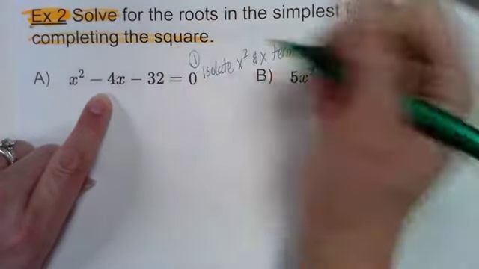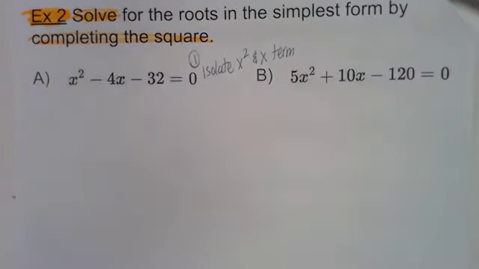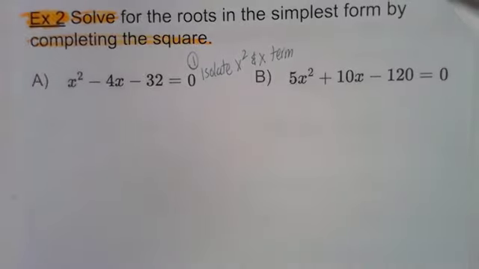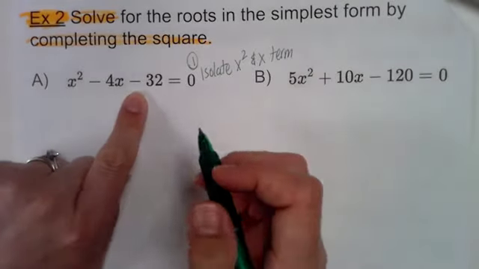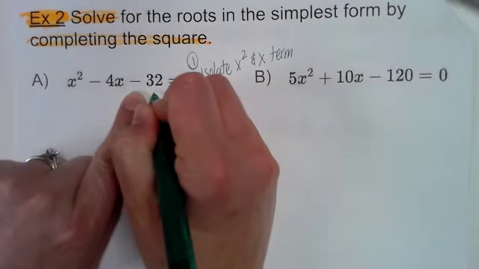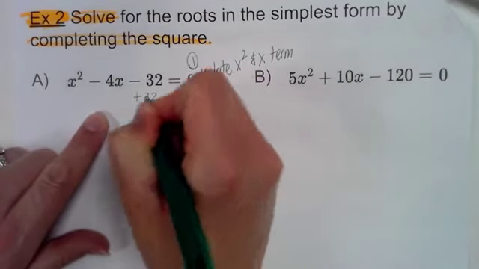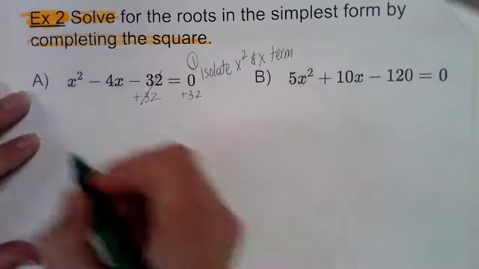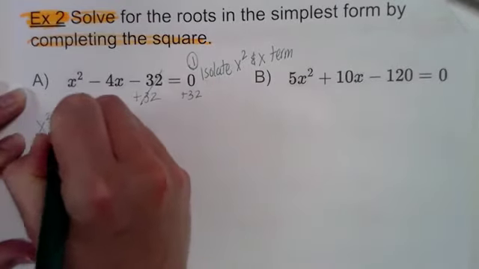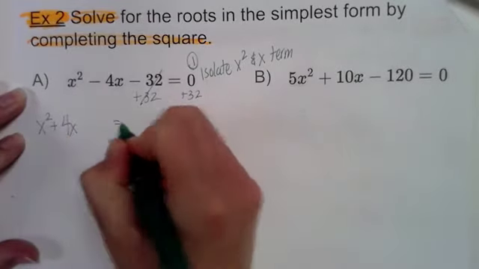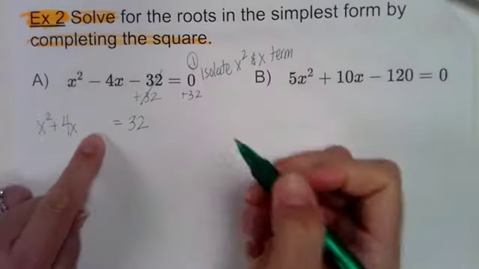That is the first thing we want to do. Isolate the x squared and x term. Okay. In order to do that, I'm going to add this 32 to the other side. So I'm going to add 32 so it's away. So I have x squared minus 4x equals 32. You notice I left some space here.